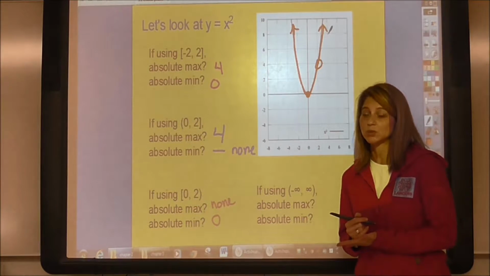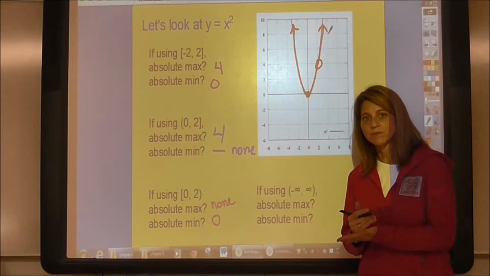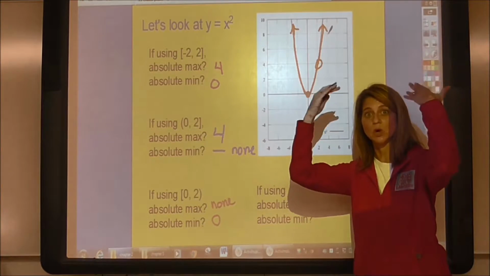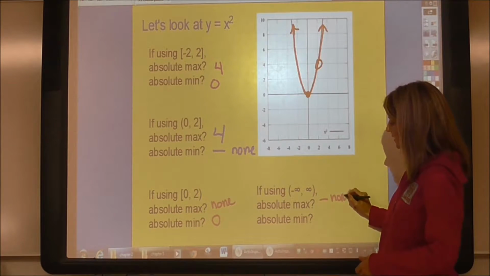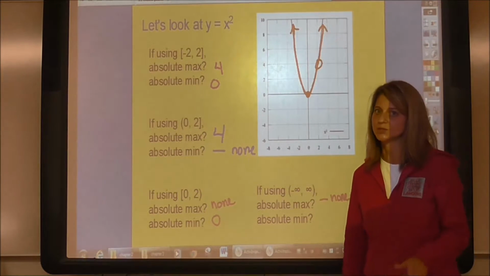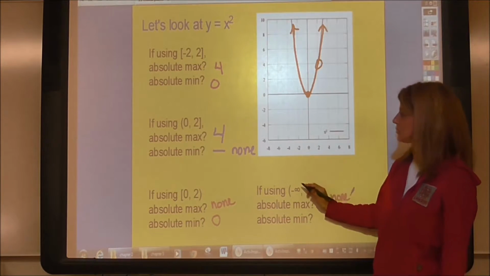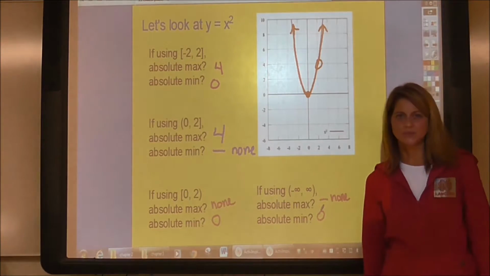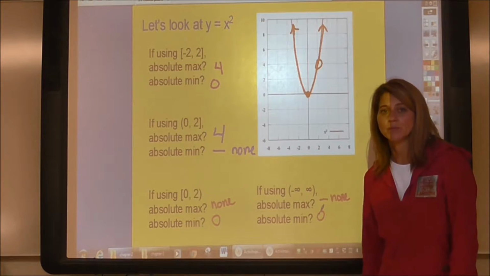Technically, we'd probably say we don't have one because we can't stop it and we can't name it. But if you wrote infinity, I understand that because you did go all the way up. That's okay. So I'm going to say none, but I understand the infinity answer. You aren't wrong. What about absolute minimum? We do have that, and that's y equals 0. So hopefully you did pretty okay on that. Nothing crazy, nothing you haven't had before.